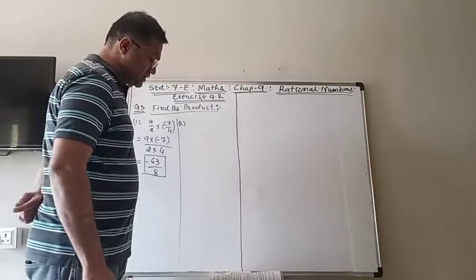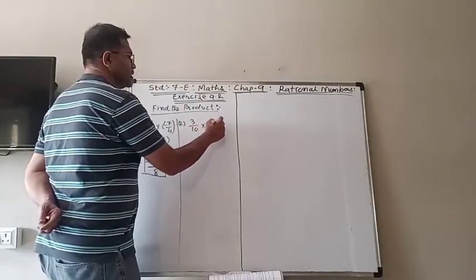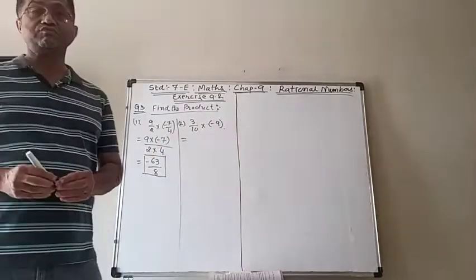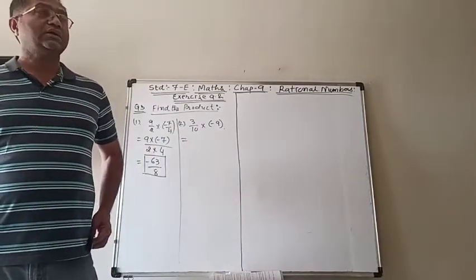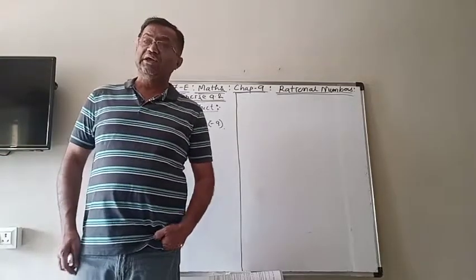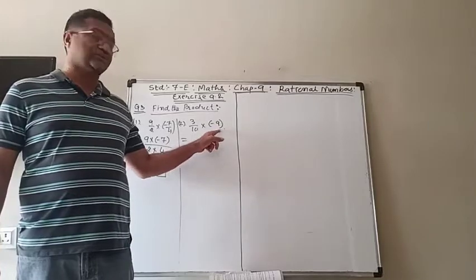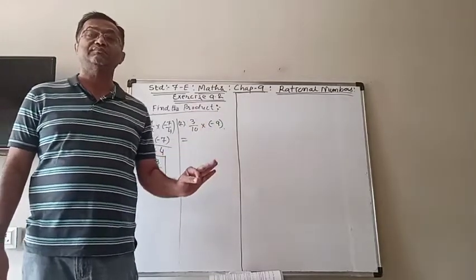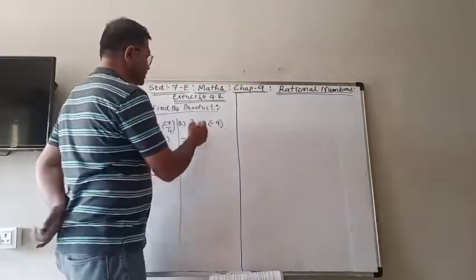The second question is 3 upon 10 multiplied by minus 9. We learned when we discussed the multiplication that when we multiply a rational number with an integer, then the integer will be multiplied only with the numerator keeping the same denominator.